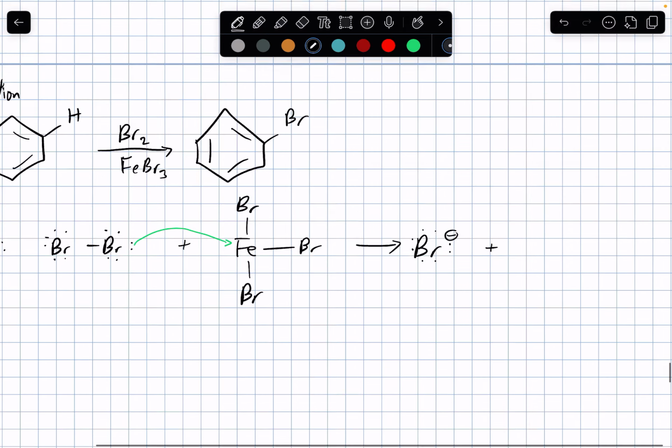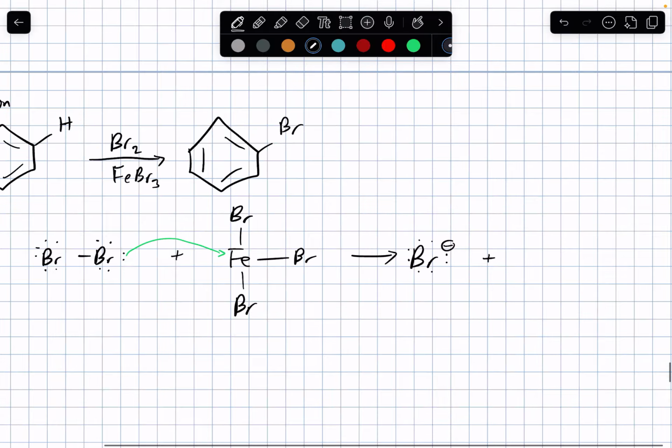What is iron in the periodic table? How many? Let me just check. I hope you have your periodic table with you. Iron is in the transition metals.